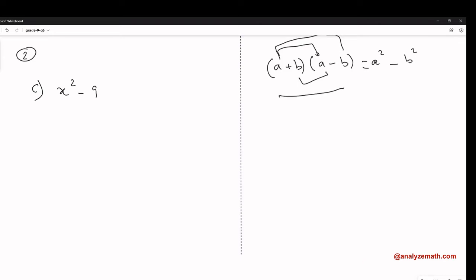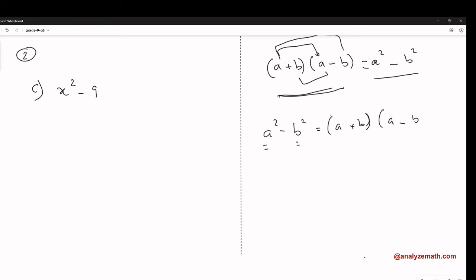So the product gives me the difference of two squares. Now I'm going to write it in reverse: a square minus b square. So if you have the difference of two squares, you can factor them as follows.